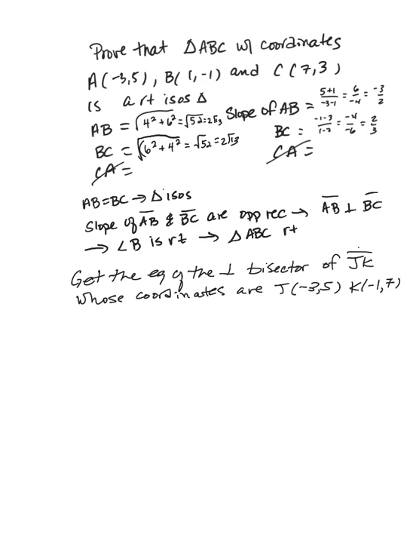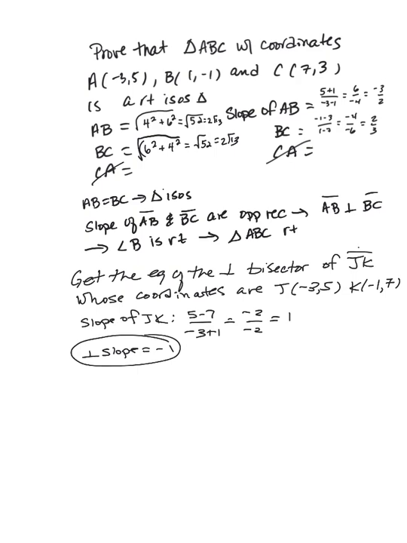So you start off, you get the slope, right? So we have to get the slope of JK. Okay, so the slope is 5 minus 7 over -3 minus -1, -2 over -2, which is 1. Perpendicular slope, -1. You're going to use that. Midpoint.